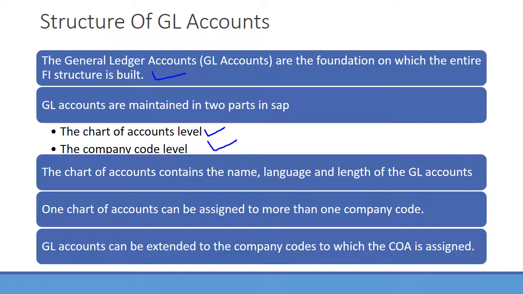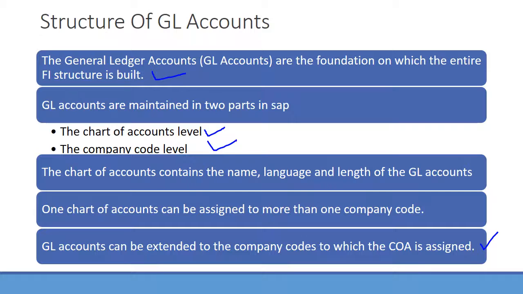And one chart of accounts can be assigned to more than one company code. So whenever you assign a chart of accounts to a company code, the GL accounts in that chart of accounts can be extended to the company codes to which the COA is assigned. In other words, you need a COA to be assigned to the company code in order to create the GL accounts within the company code.